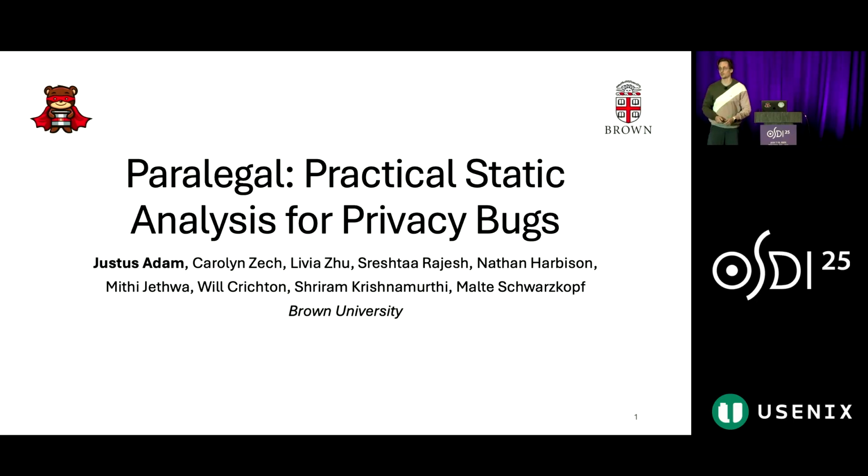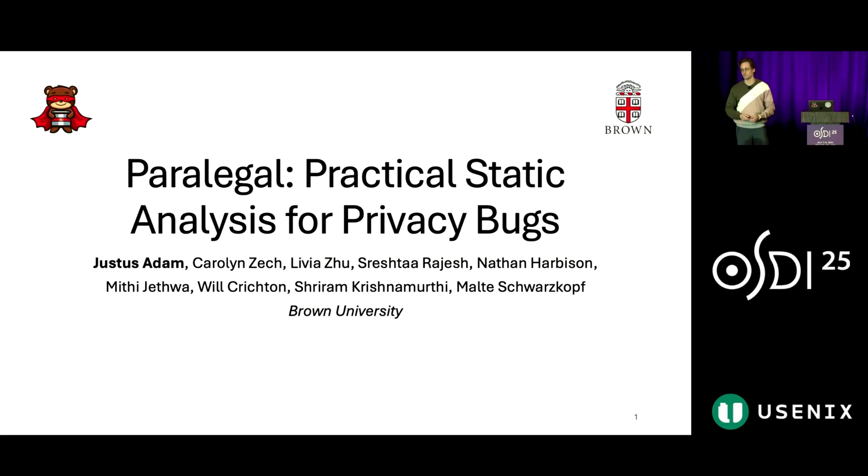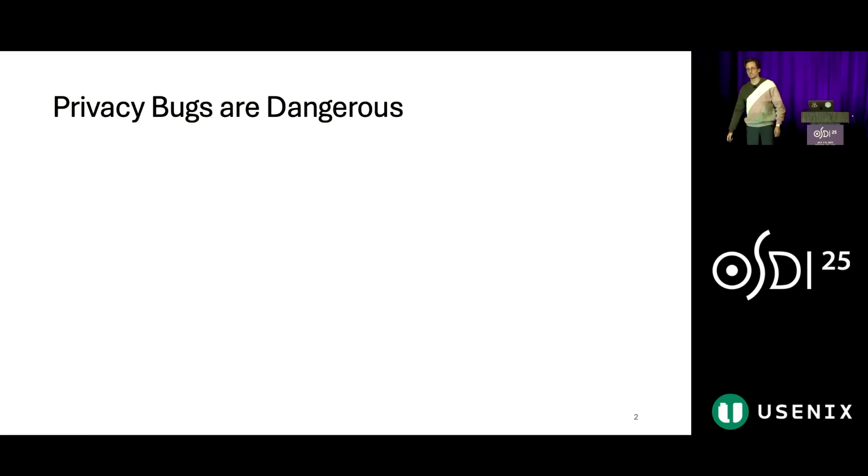I want to talk to you about our project called Paralegal, which is a static analysis tool for privacy bugs. The context is that companies and developers have to comply with a number of privacy policies to safeguard their customers' data.